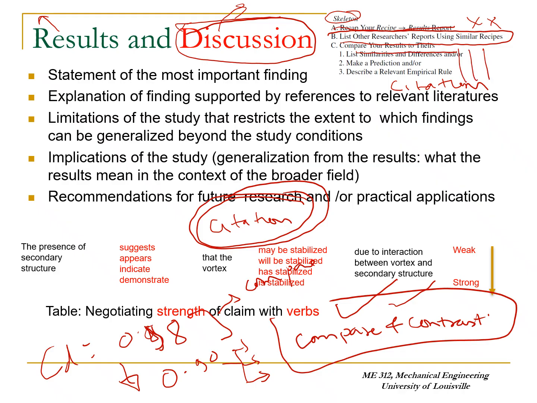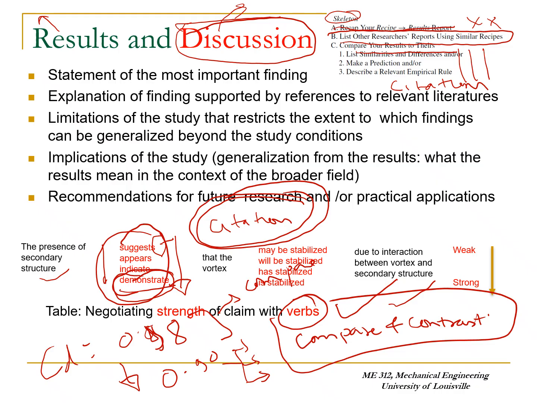And as you try to compare and contrast your results, the wording is very important. For instance, here, for the presence of secondary structure, if you write suggests, and then it says demonstrate, this is very strong. So you are negotiating the strength of the claim with the verb. Depending on how good your data is, you can change your wording, and the tense is also extremely important, like which tense, past, present or future.